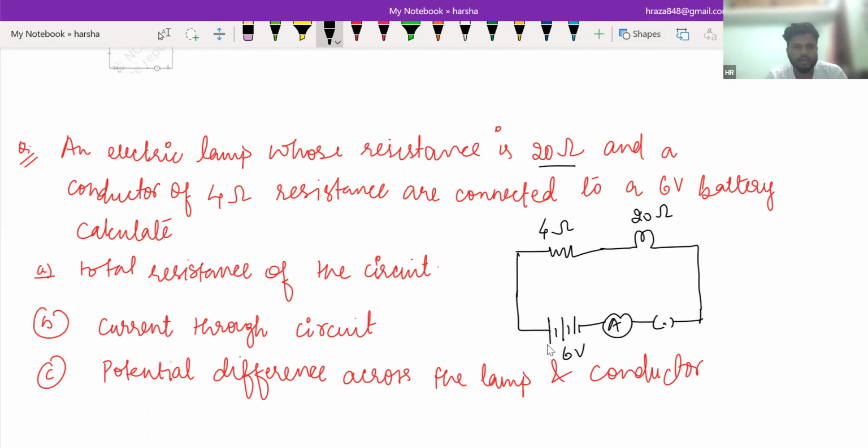The potential difference you can see is a 6 volt battery. Now we have to calculate the total resistance, the current through the circuit, that means total current, and the potential difference across the lamp.